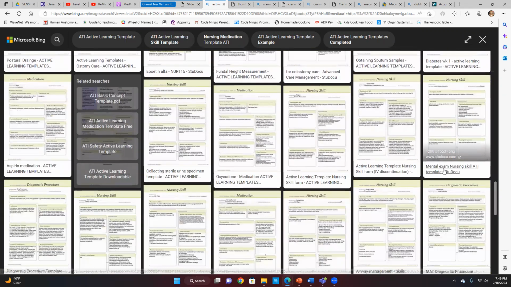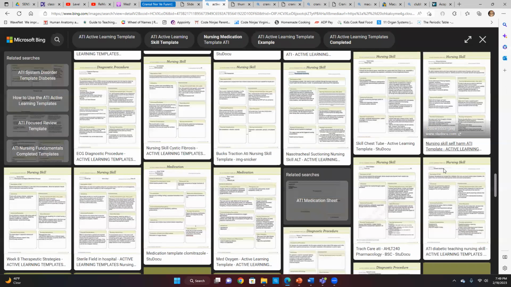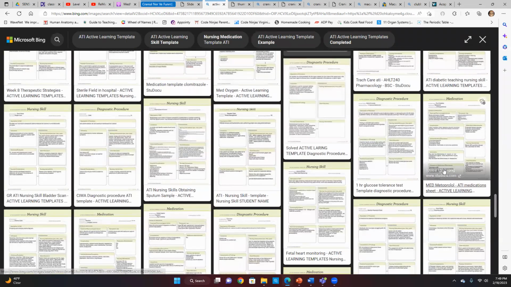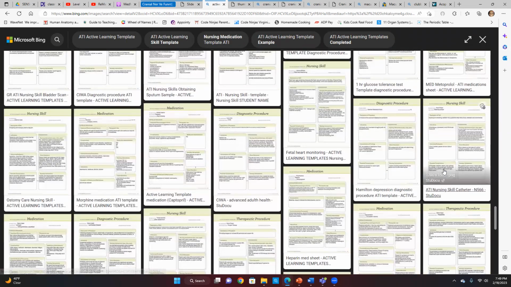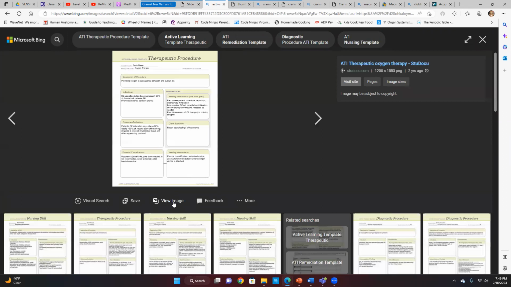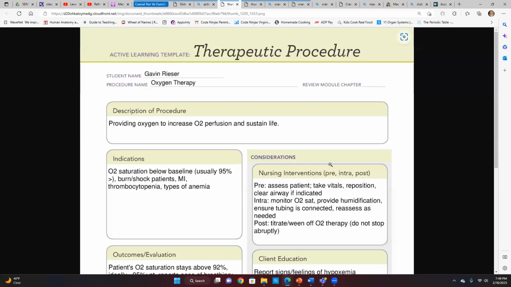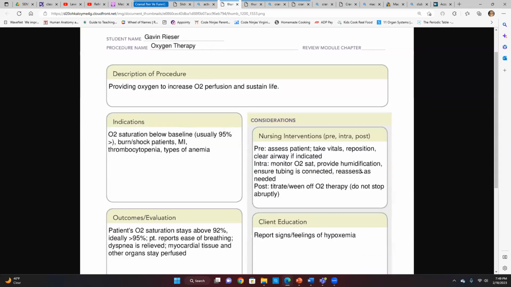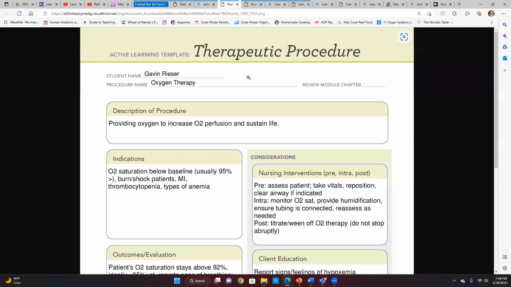So I see all of these for nursing skills, but they have them for medical diagnoses. Of course I can't find the one that I'm looking for right away. But the reason why I'm advocating this is because it's going to give you your medical diagnosis, and this is a therapeutic procedure one. It's not the one that I need right now, but this is going to be the way that you should study.